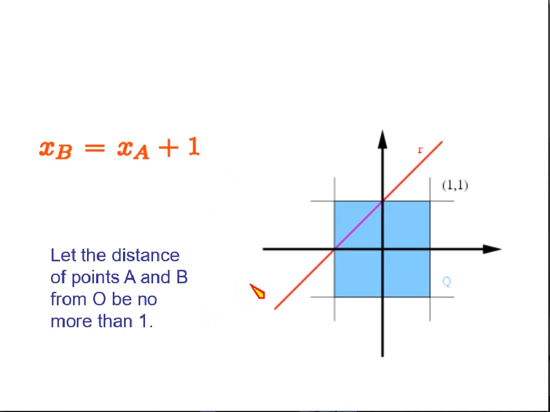If, for instance, I set that B must be 2 units further than A, I will have that other line, and so I know that only one possibility is given. If I put 3, then I know that the line will be here. There is an empty intersection with the blue square, for instance.